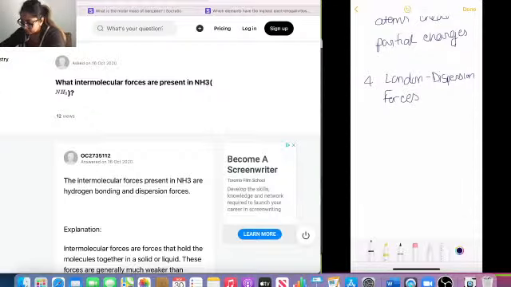Okay, and so this is among the four intermolecular forces, the weakest force.